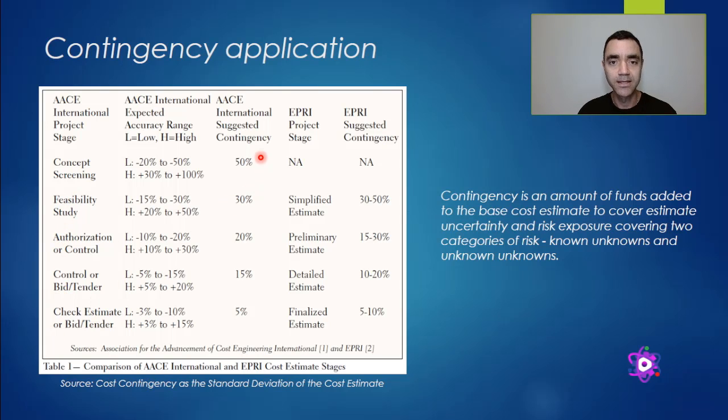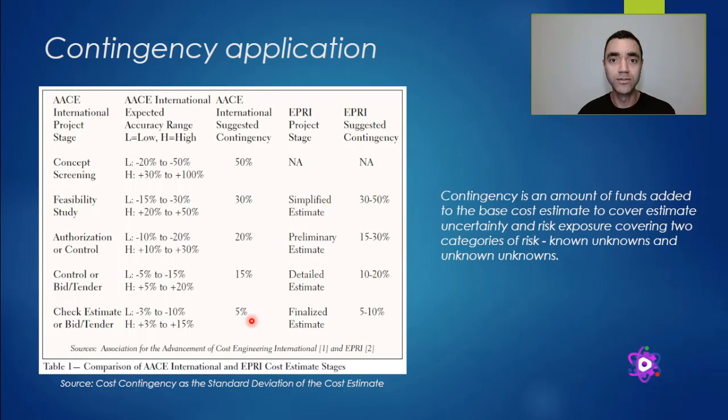So as the class of your cost estimation decreases to one, you already understood it is possible only because the engineering documentation needed to support this cost estimation is already available.